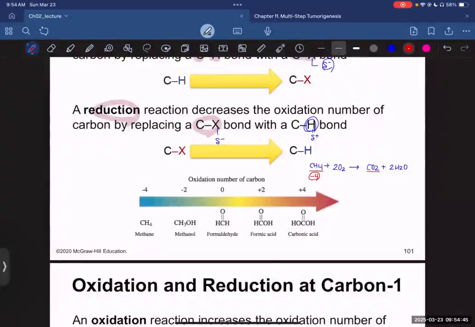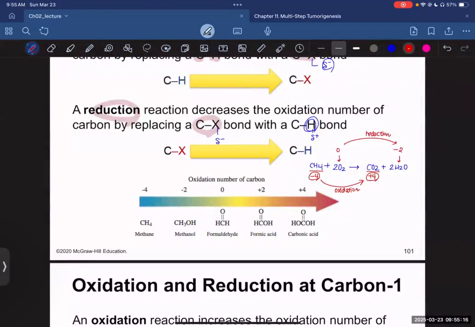But when we look at carbon dioxide, it's now going to be in its most oxidized state. So this has undergone oxidation. Whereas if we actually look at the oxygen's oxidation number, it's going to be 0 in the beginning. But then when we look at H2O, we're able to see that it becomes -2. And so as a result, this becomes a reduction reaction.